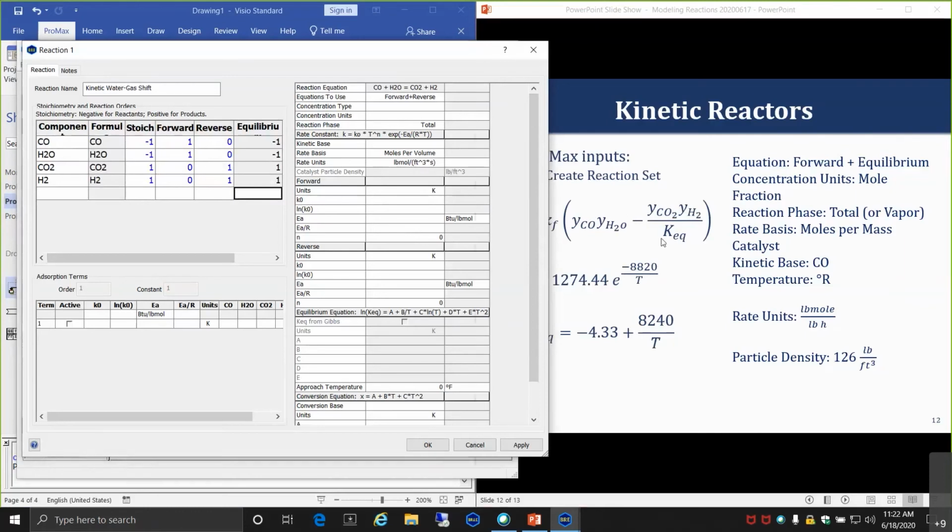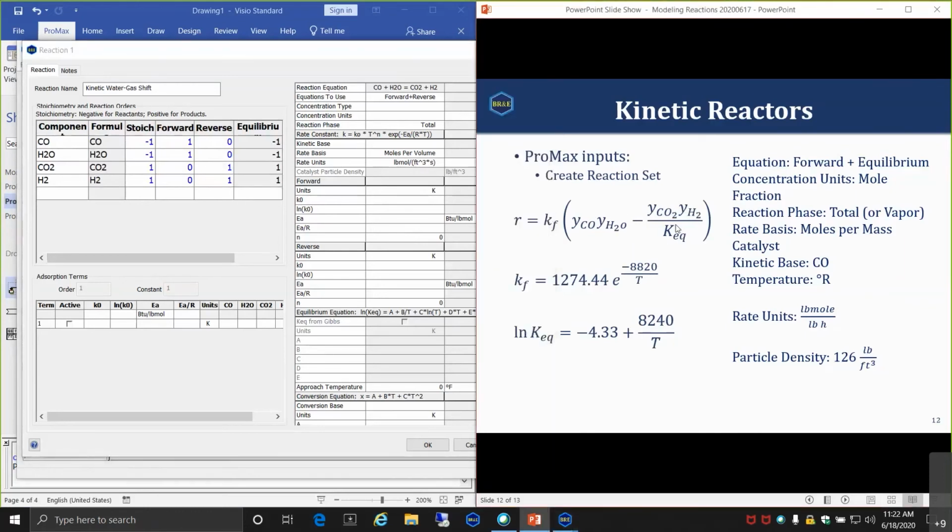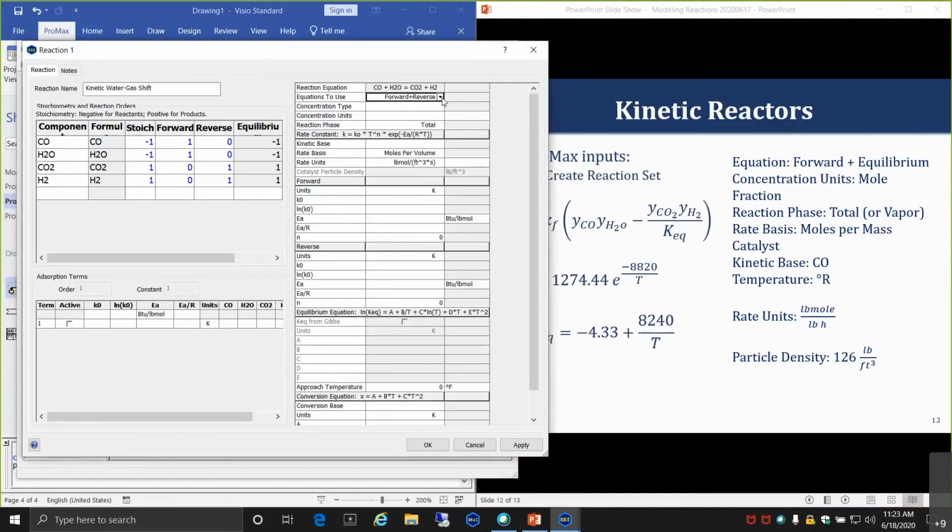This is actually going to be a forward plus equilibrium because we have an equilibrium constant. We don't have a reverse rate constant. So we're going to change this to forward plus equilibrium. The concentration types are mole fraction. So we need to set this to mole fraction. We're going to set this to total.